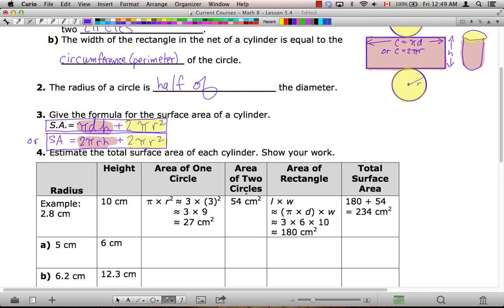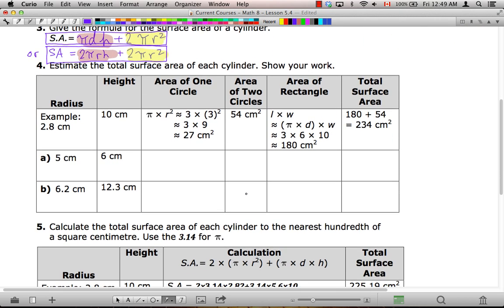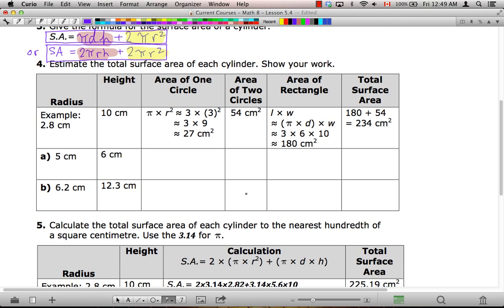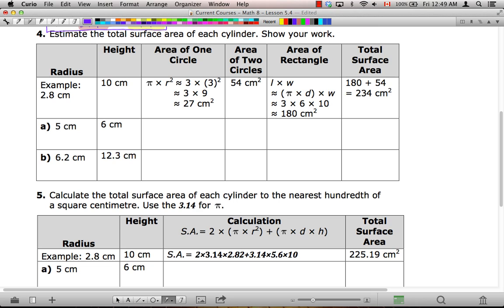So let's take a look at how you do that calculation. We're going to take a look at how you can estimate the total surface area and then how we can actually calculate the surface area. So there is one example that's already done for us. So for instance, if we had a radius of 2.8 centimeters and a height of 10, the area of one circle would be pi r squared.